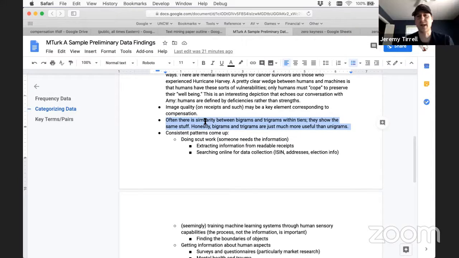There are arguments that you should just look at bigrams and trigrams, because that's going to tell you as much as hyper-sophisticated new methods of classifying or categorizing themes or topics.